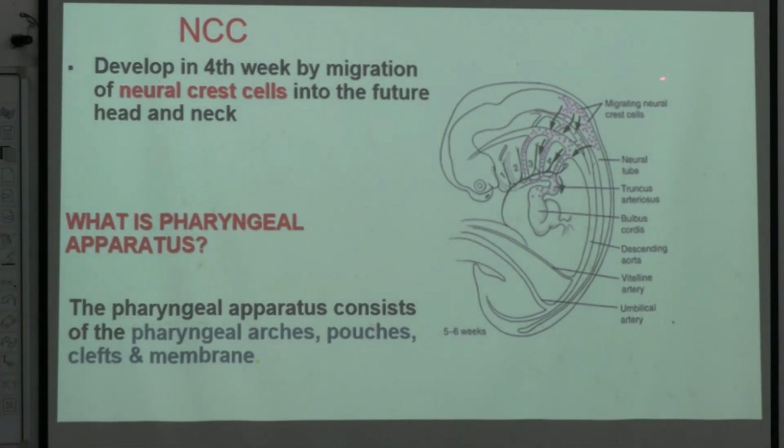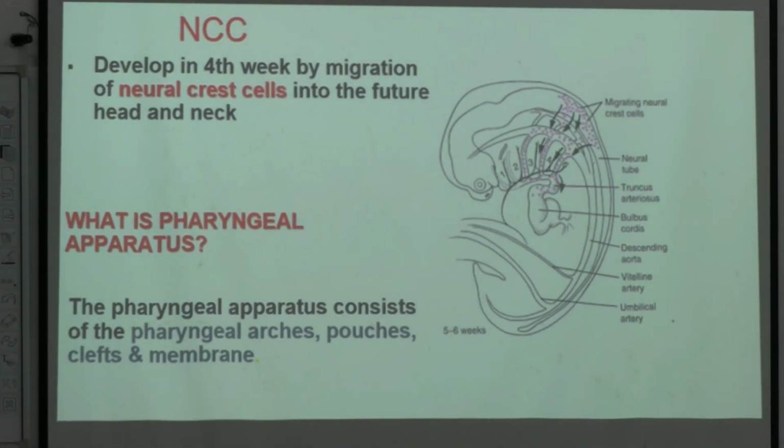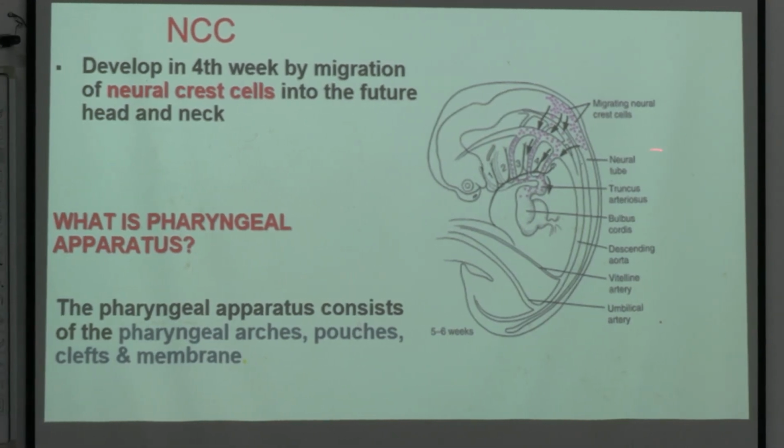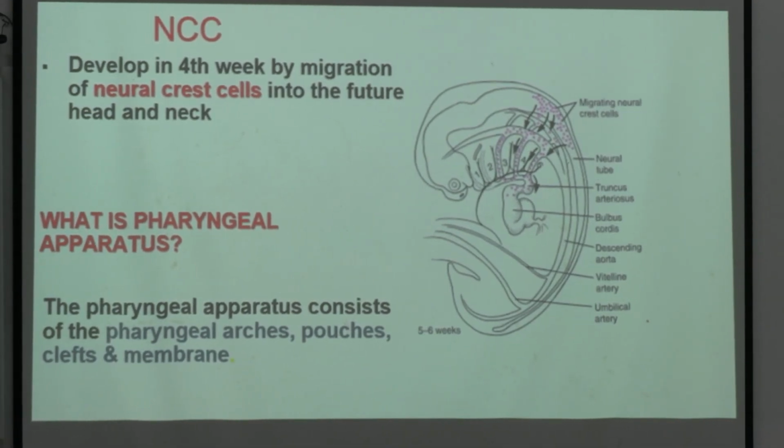The red dots that you are seeing here are a representation of the neural crest cells. The neural crest cells are present around the developing neural tube, and some cells detach themselves from the neural tissue and slowly migrate to different parts of the body.